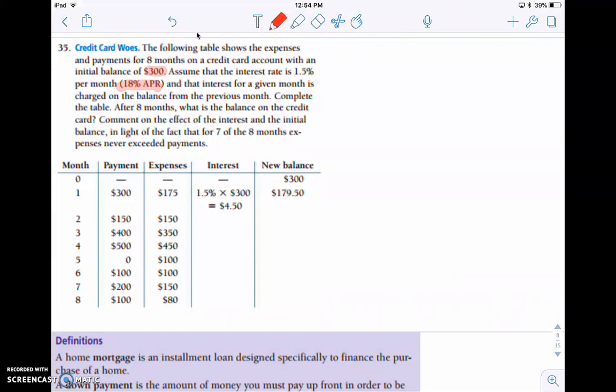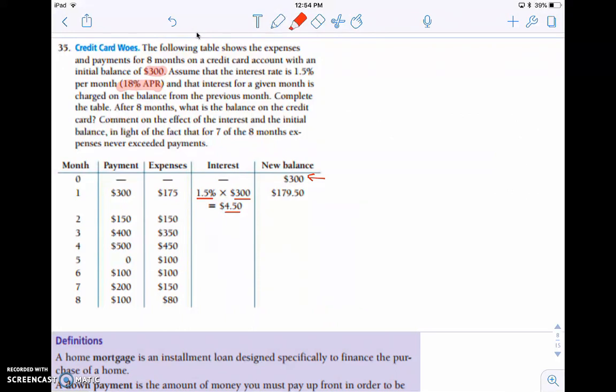You can see the first one is done for us. Again, we're at 1.5% interest. To calculate our interest, we take 1.5% times the previous balance, and we get $4.50, and then we need to add that on to the new balance.